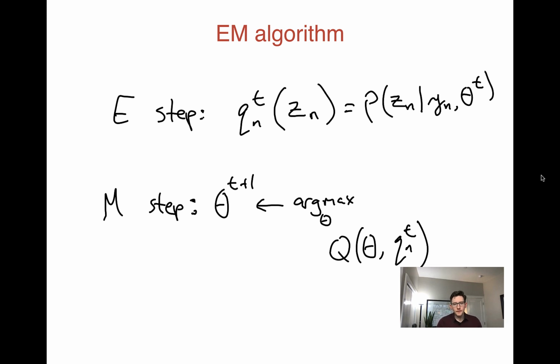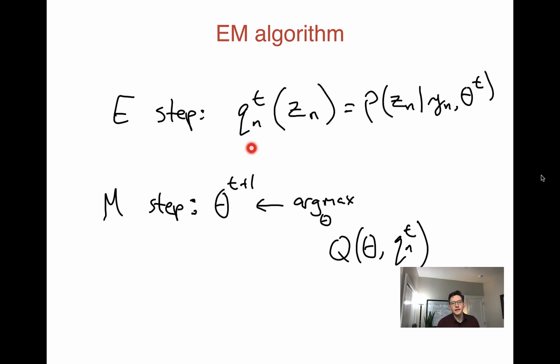One thing that's worth noting: when z of n is a discrete random variable, for example in the case of clustering, which we're going to look at in a minute, we can just evaluate this probability distribution directly. That is, we do our probabilistic inference and we end up with a vector of k values, which are the k probabilities. But what if z of n is a continuous random variable?